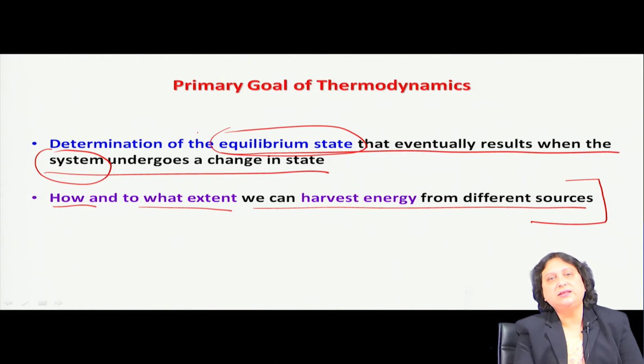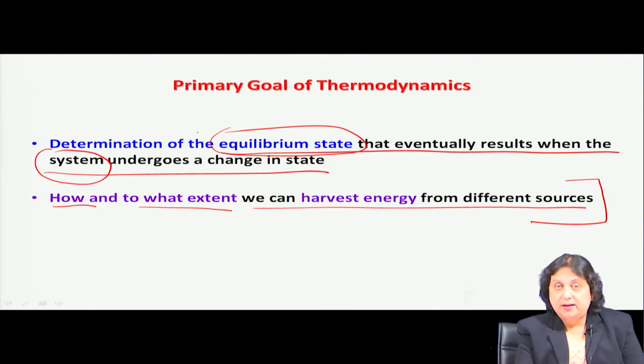So that is the reason why thermodynamics is studied not only by chemists, physicists, or material scientists. It is studied by engineers, and they are the ones who make the machines work in an optimum fashion.